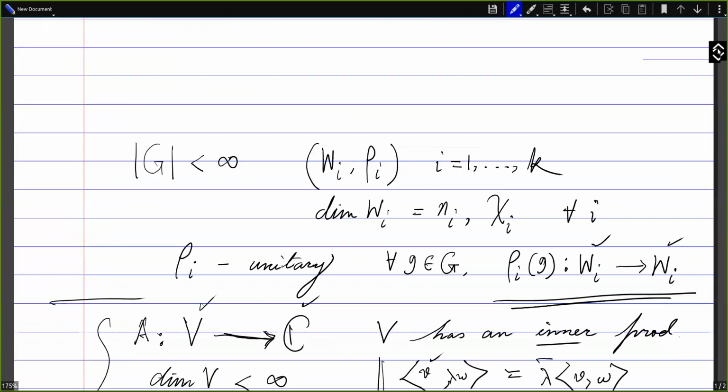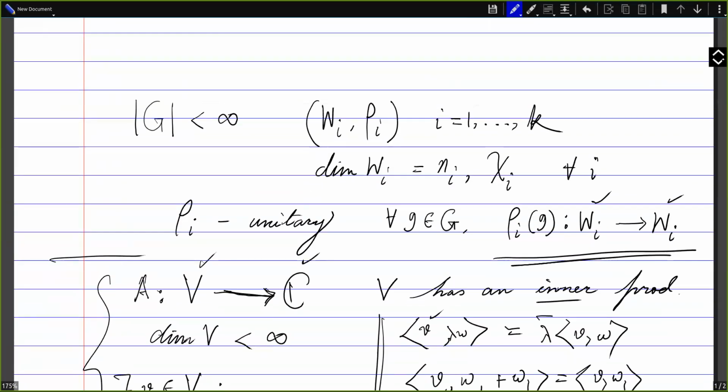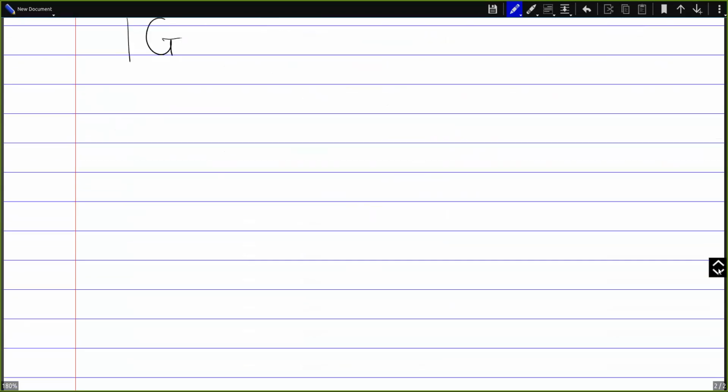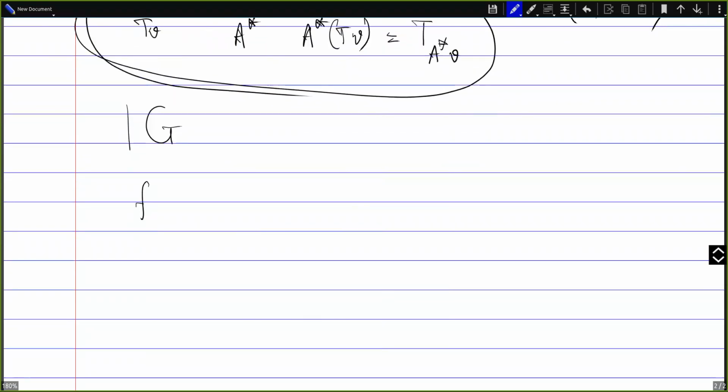Okay, so now let's come to the context of representations. Let's assume that our group is G and these are all the inequivalent irreducible representations of G. Recall that the Fourier transform sends each f to f hat rho 1 up to f hat rho k.